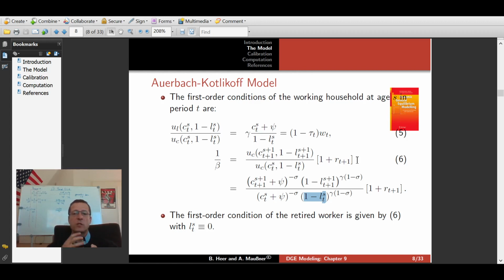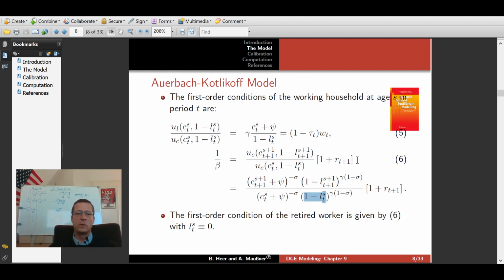So we get such high returns on savings that it's beneficial, increases utility if we postpone consumption, because the increase in savings compensates for the loss due to the discounting, to the discount rate.